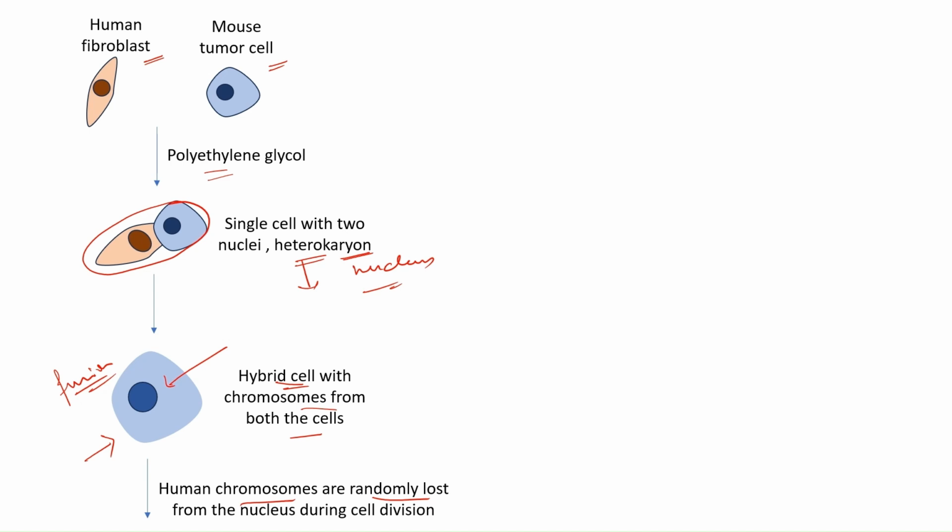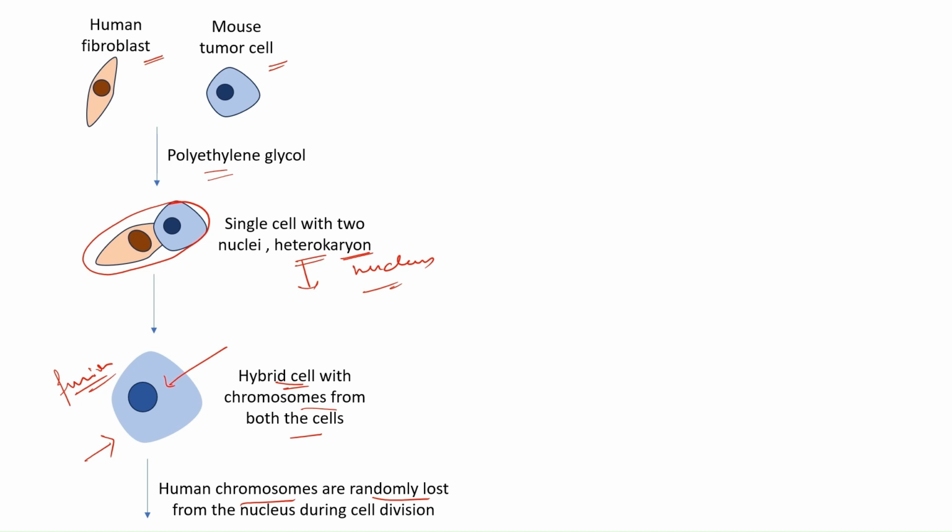Now the question is why only human chromosomes are getting lost and not the mouse tumor chromosomes. The reason is still unknown why, when two somatic cells are fused, the chromosomes from one species only get lost during cell division.